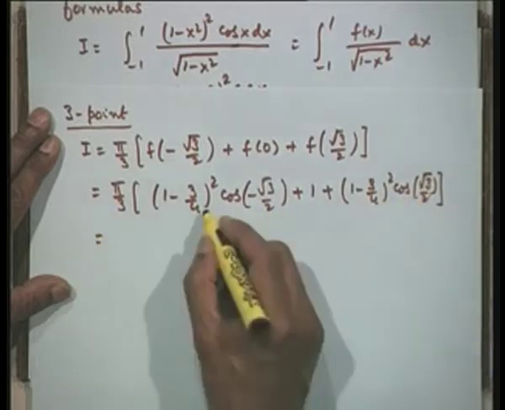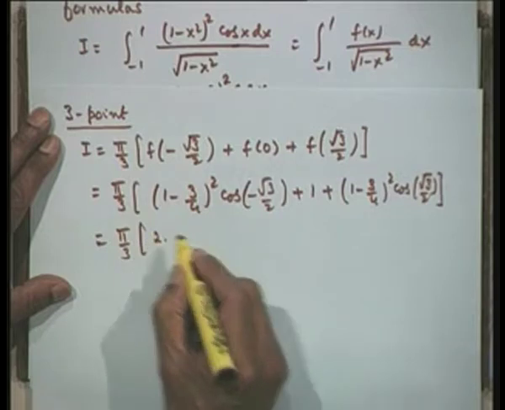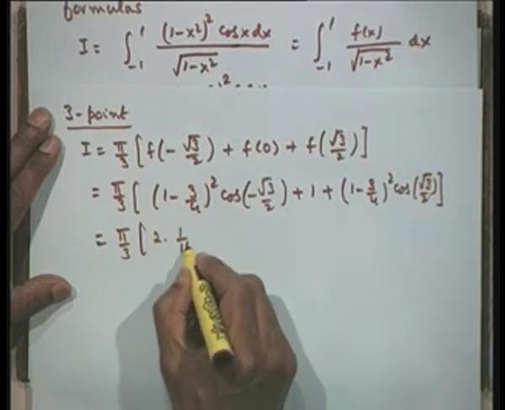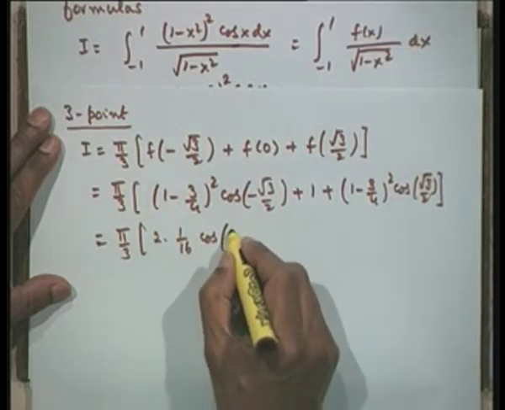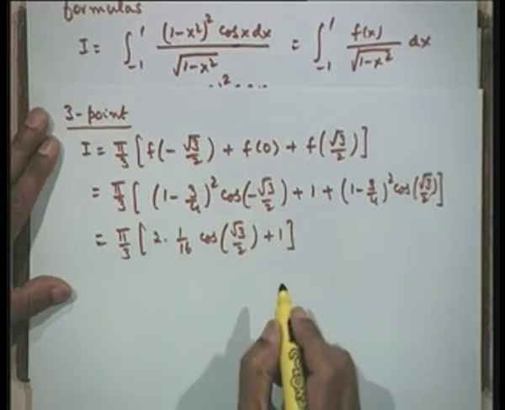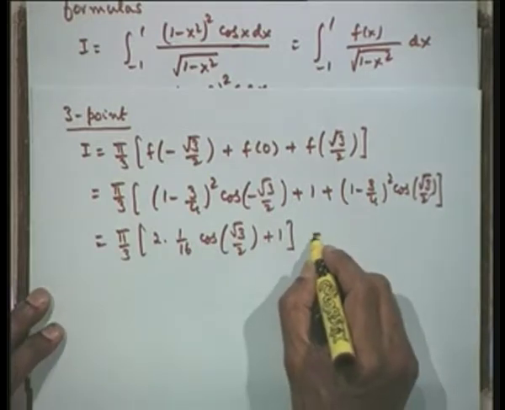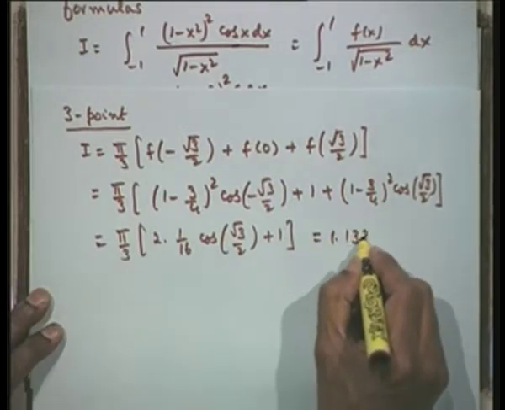So, these two we can combine and write this as pi by 3 times 2 times 1 by 16 cos of root 3 by 2 plus 1, and the value of this is 1.132.